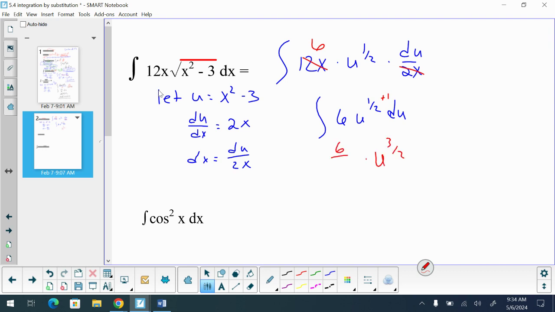Take our 6 divided by the 3/2. Flip and multiply, so we have a value of 4.